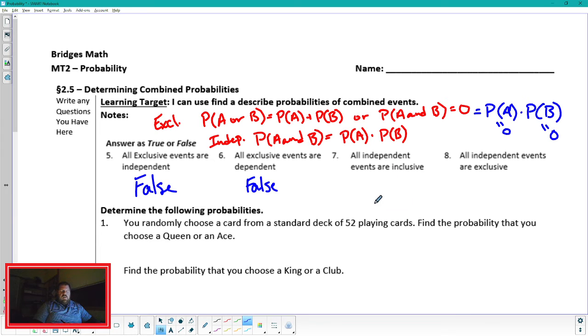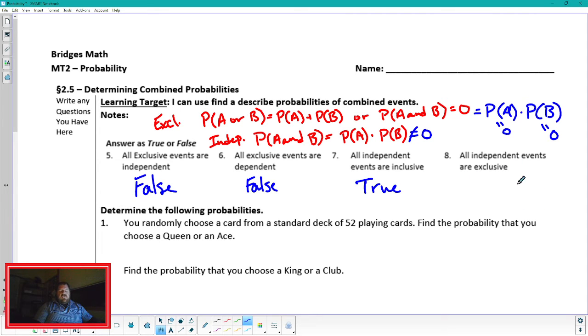It's the third one that we finally get one where there might be a connection. That's by saying that we know that they're independent. So this happens, which we're assuming that A and B are not 0, which means that there's something in the overlap of those two events. Those two events can happen at the same time, and that's what it means to be inclusive. So this is the only one that's really true all the time.